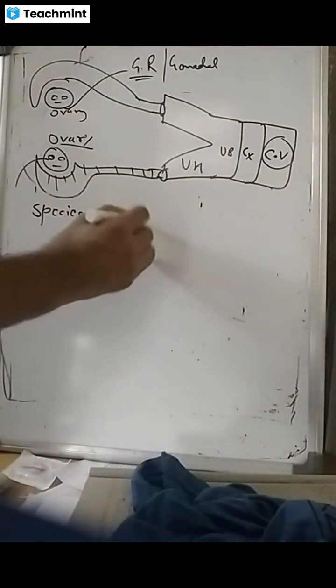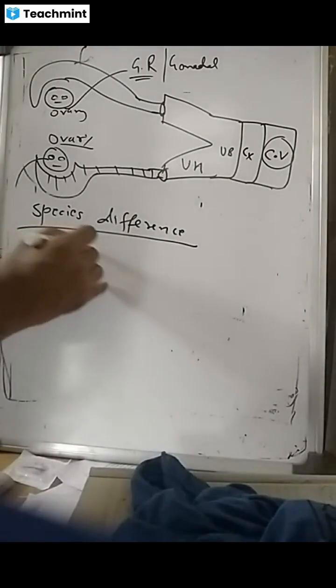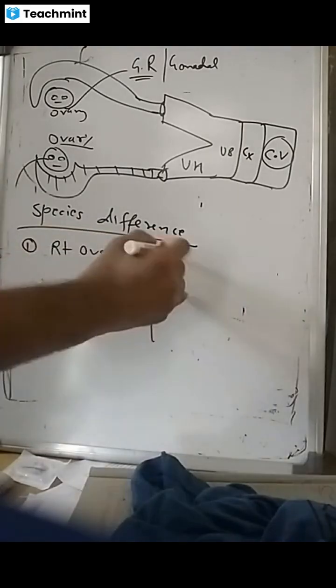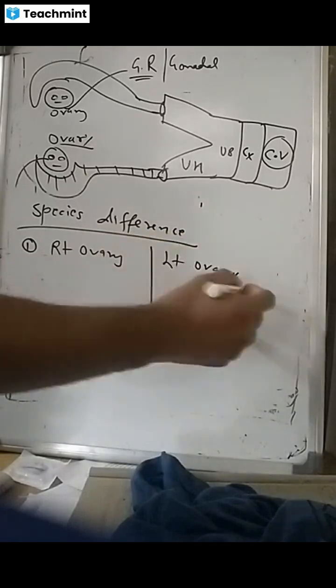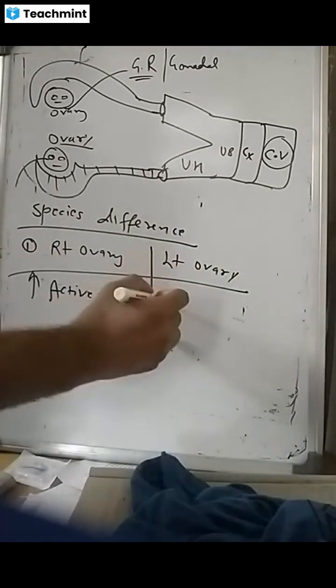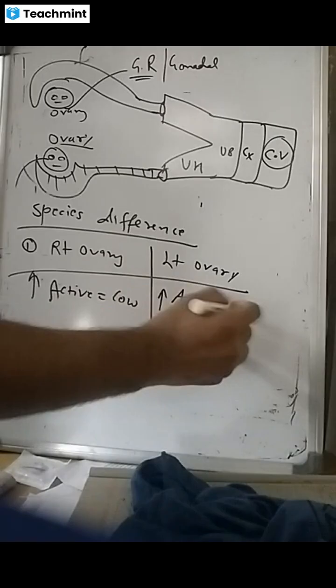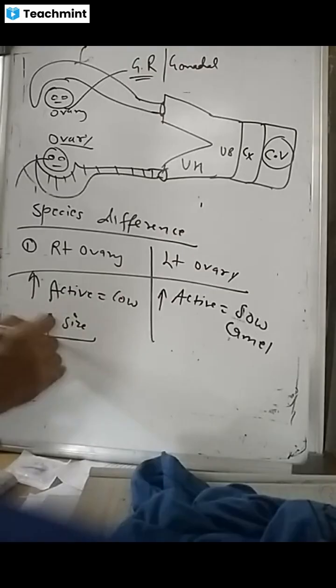Right versus left ovary: the right is more active in case of cow, less in case of camel.